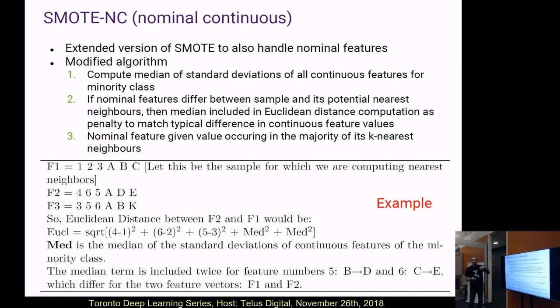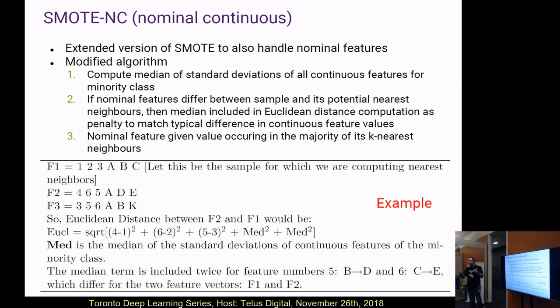It's a slight modification to the algorithm discussed before, and the modifications come in three different ways. For one, they compute the median of the standard deviations of all the continuous features. This gives them a very rough idea of the variance of the continuous feature set.